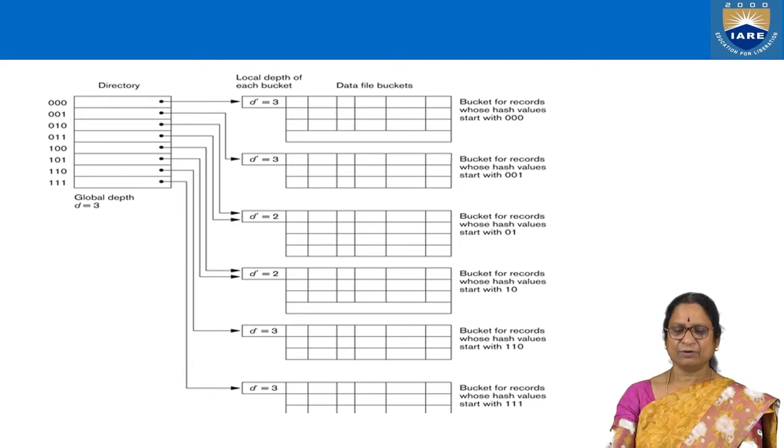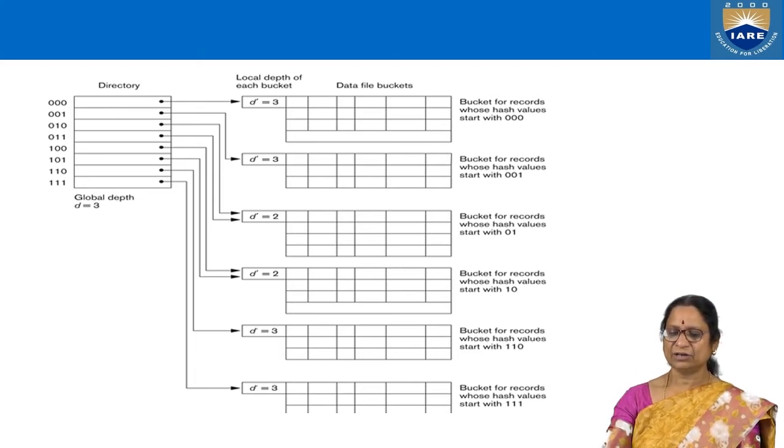That's why we consider the local depth of each bucket, stored as D dash equal to 3, and so on. The bucket is for the records whose hash value is 0, 1, 2, 3, 4, and so on.